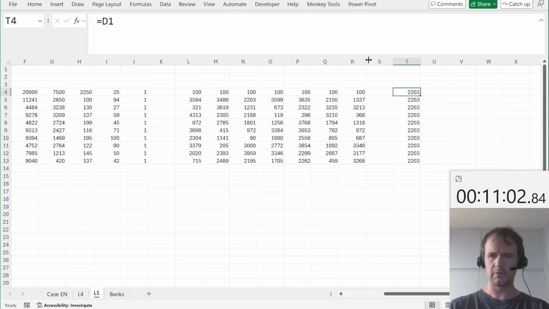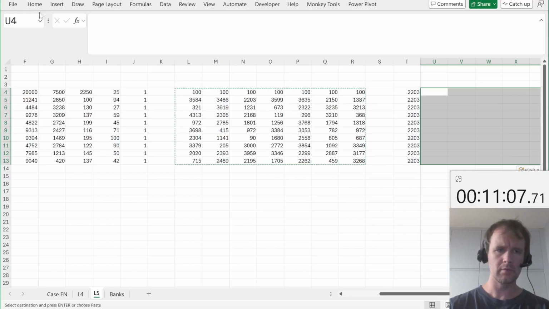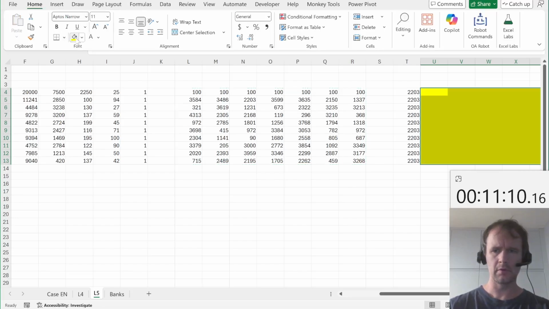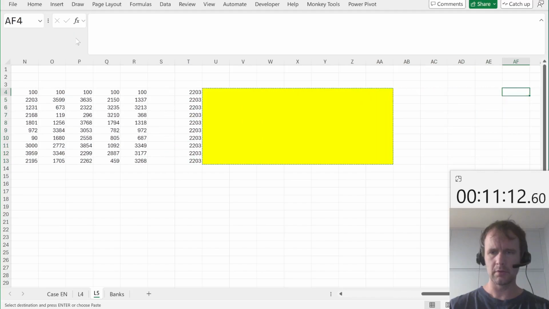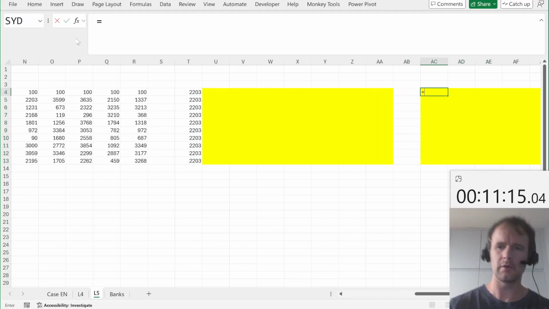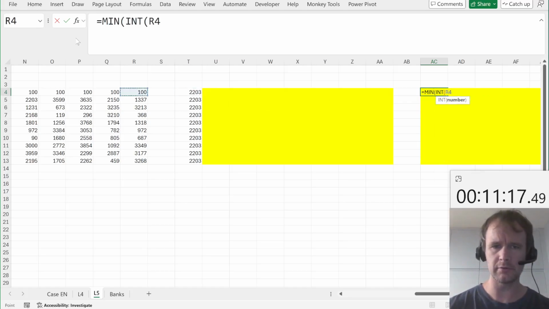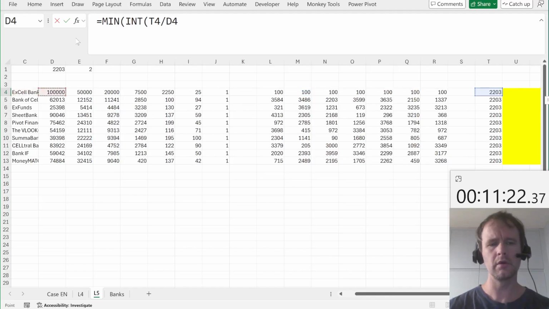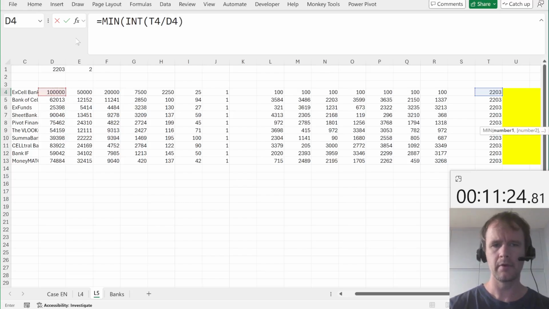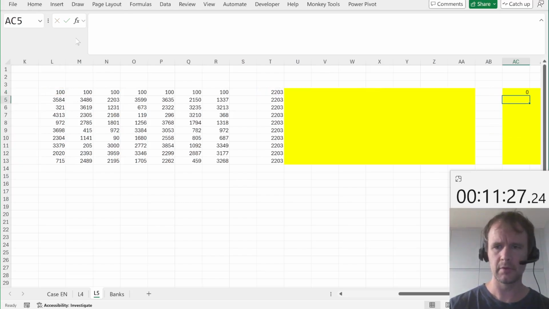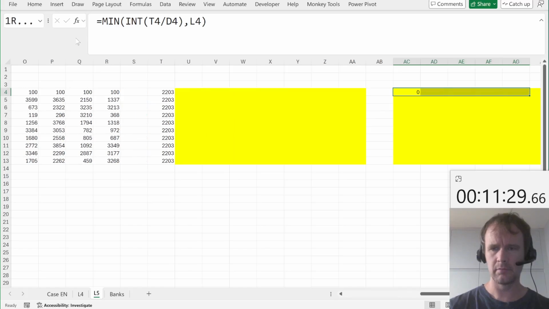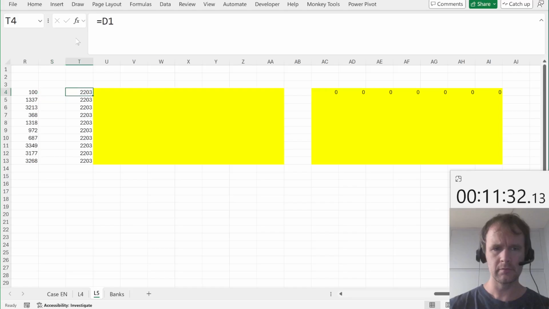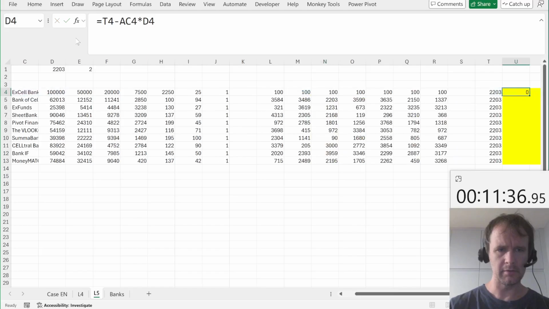So this yellow. Then it's going to be the min of int of this over the amount and the limit. And then here it's going to be this minus this times the amount.